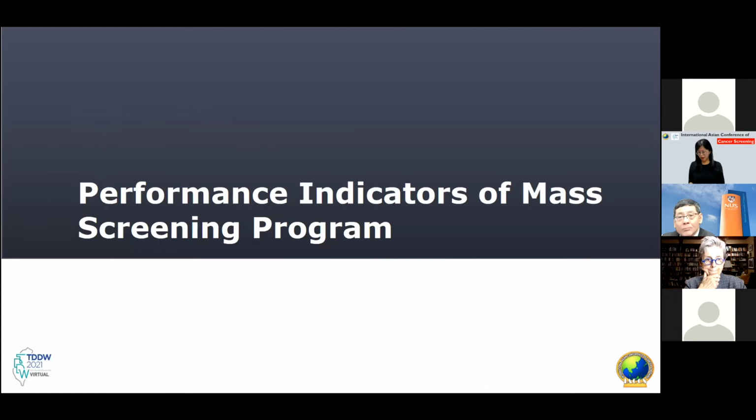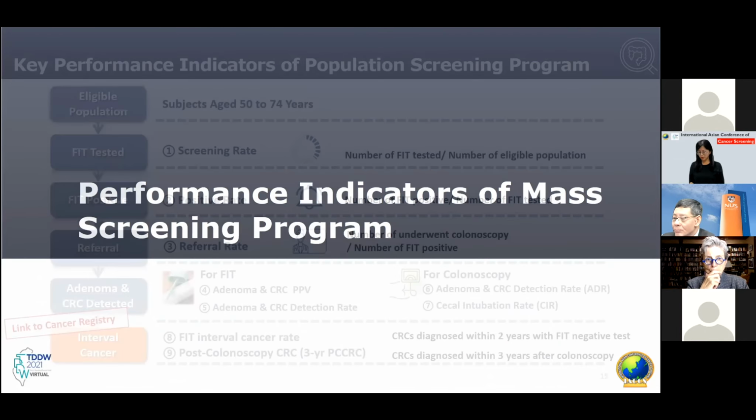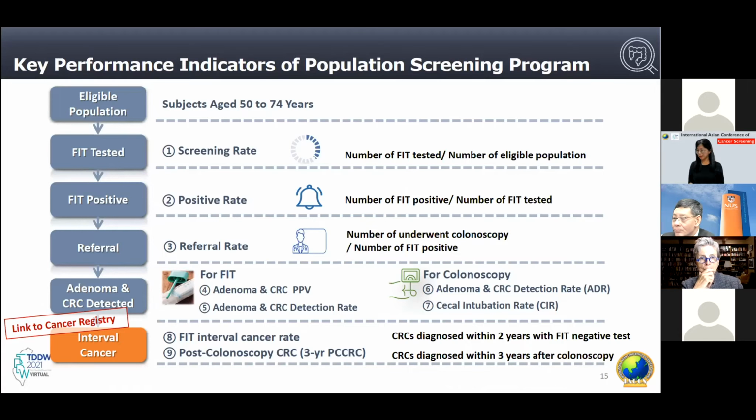And then I will show the performance indicators of the mass screening program. We constructed the KPI to monitor the FIT and the colonoscopy quality annually. The KPI includes screen rate, positive rate, referral rate, positive predictive value, and the adenoma detection rate of FIT.